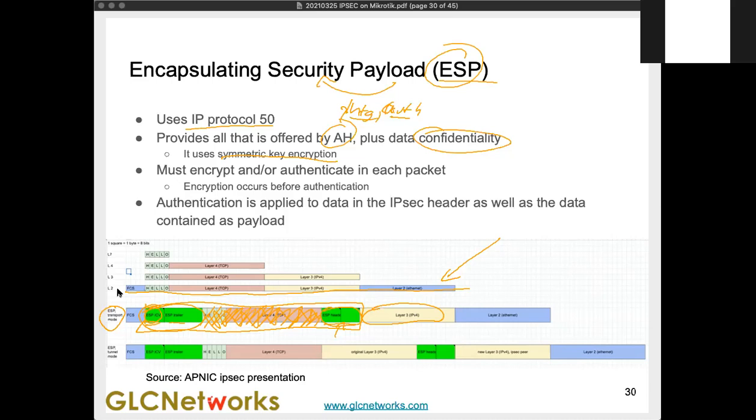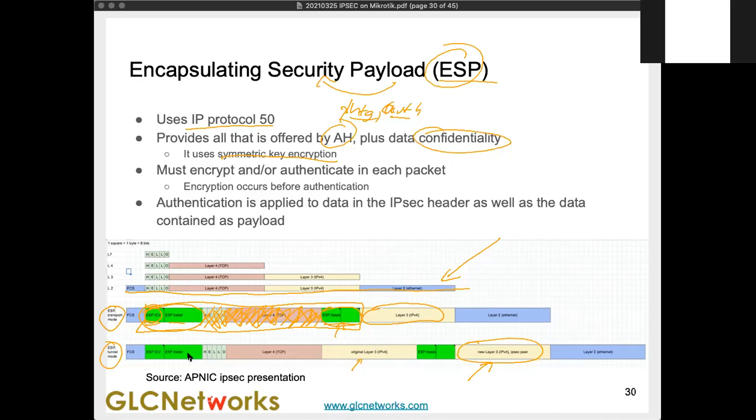If it is in tunnel mode, the difference is here. There will be a new layer for IP, like an encapsulation. So the original IP here will be the payload.